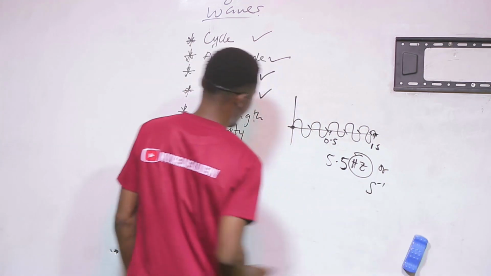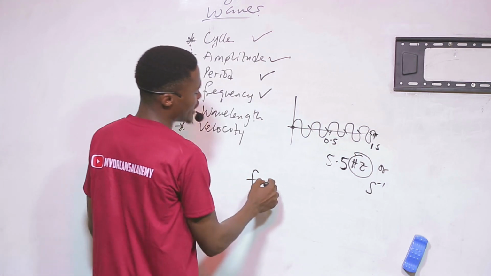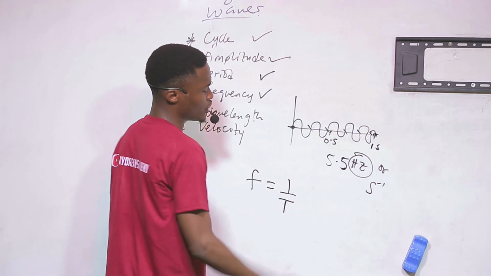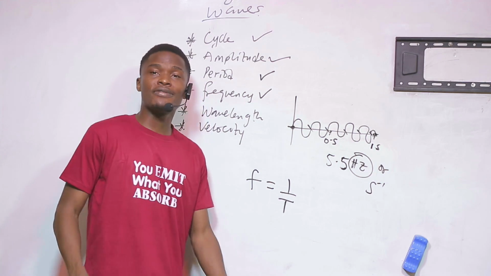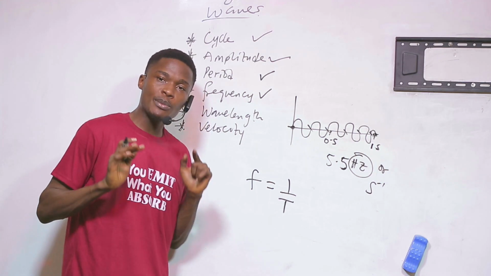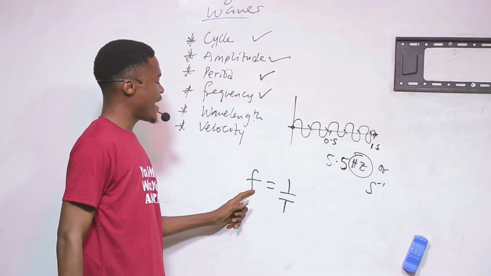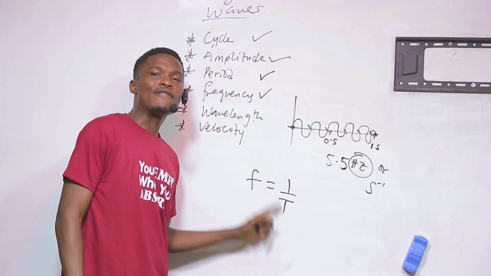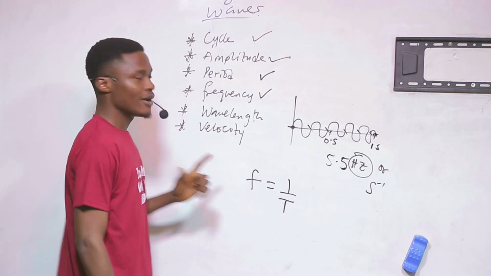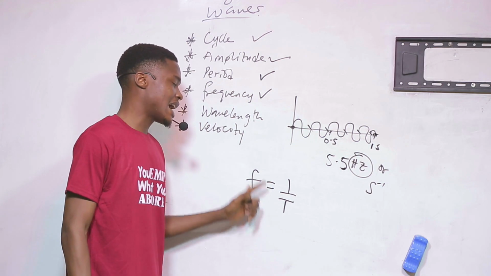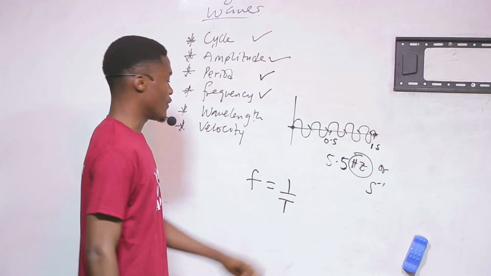Okay, that is frequency. Now mathematically, you should know that frequency is 1 over period. So in your exams, you can also define frequency as the reciprocal of period. So f is equal to 1 over capital T, that is your period of the wave.